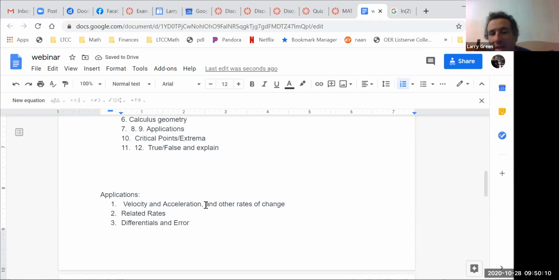So for example, if you just hear the word rate, what's another word for the word rate in our class? Here's a hint, it's the most important word there is in our class. Yeah, derivative. Okay, in economics, what's the word for derivative?